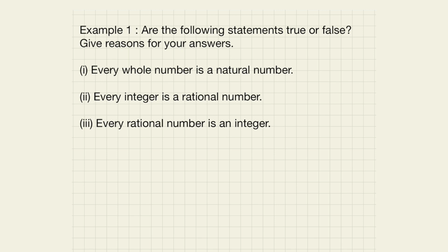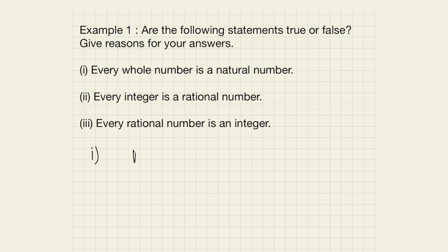So, are the following statements true or false? Give reasons for your answers. We have 3 subdivisions here. So let us take the first subdivision, which is: every whole number is a natural number. This question can be answered with the concepts that we saw just now. So is this true?